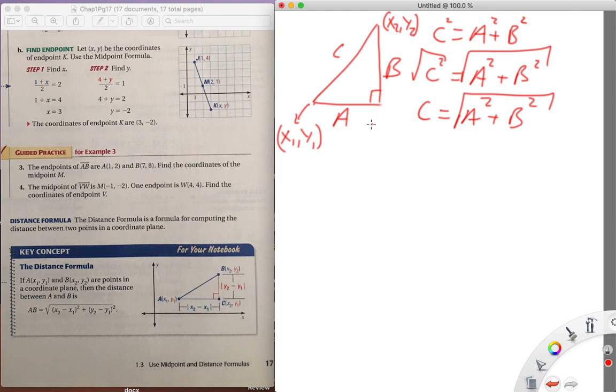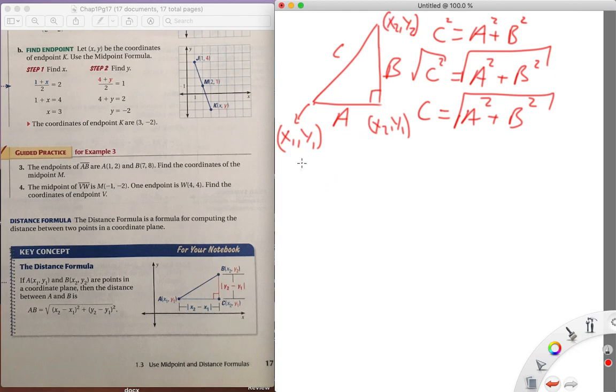And let's say this guy here was x2, y1. Well, I can get the distance to that guy using the distance formula for a straight line.